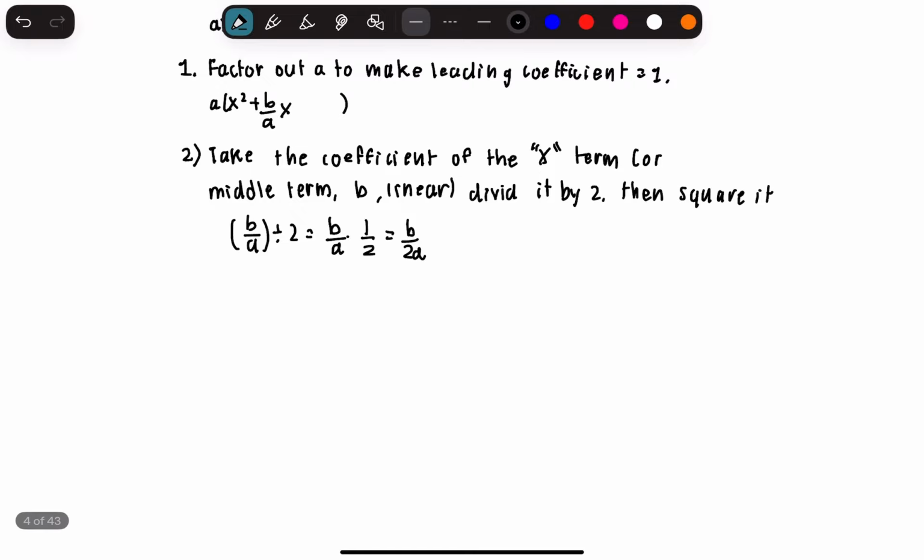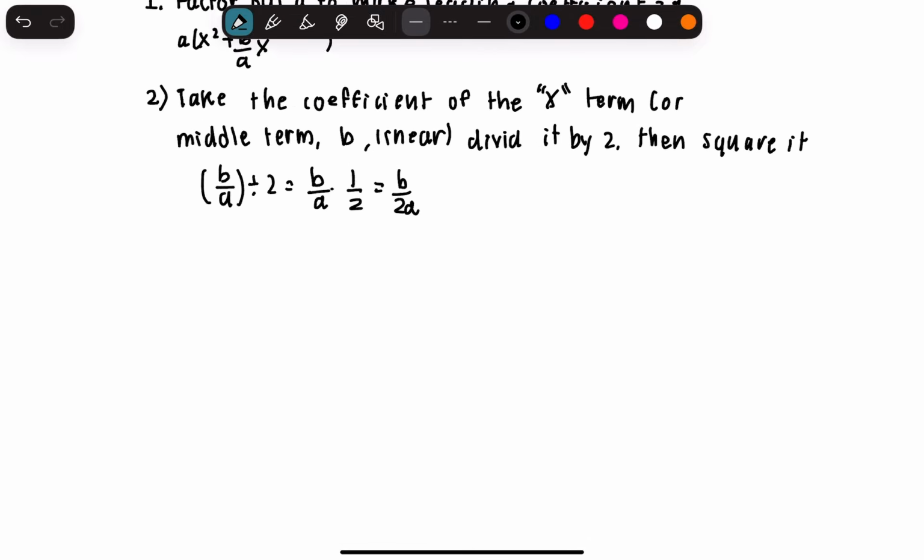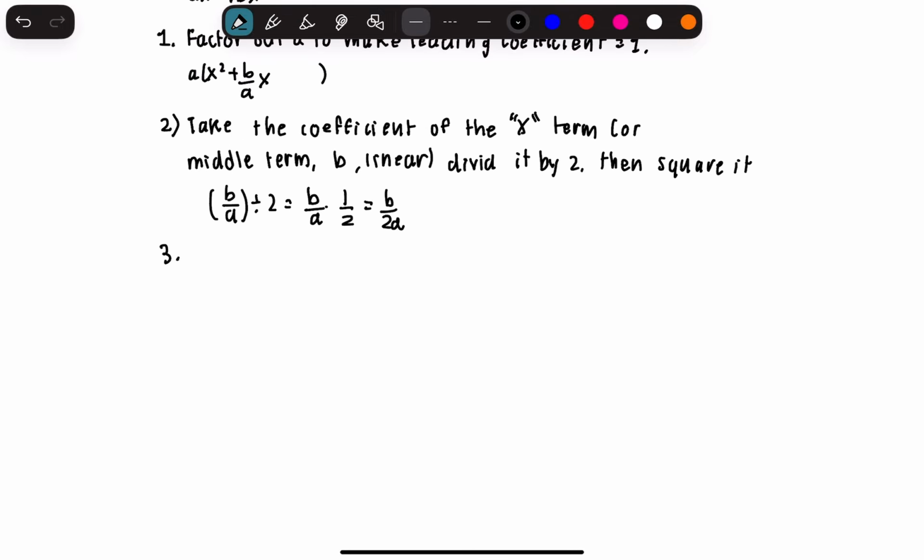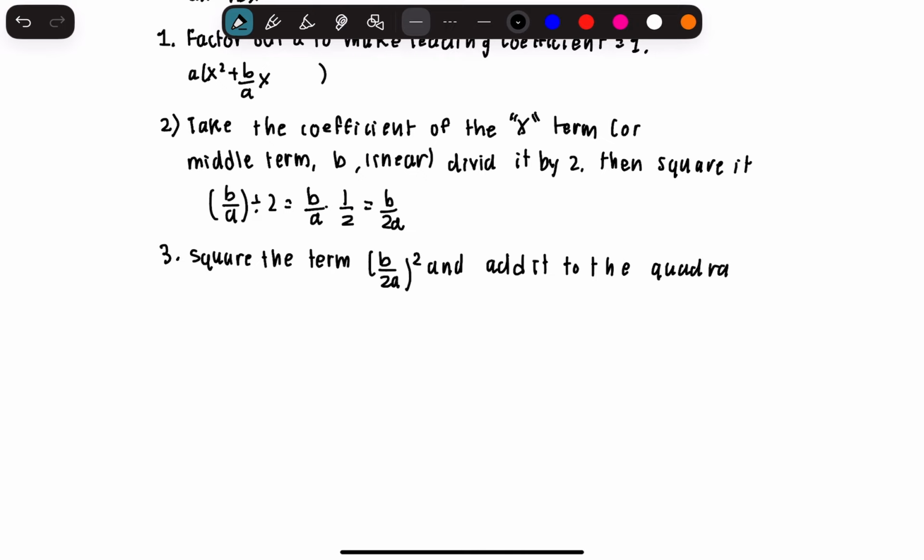After this, you square the term, b over 2a squared, and you add it to the quadratic.